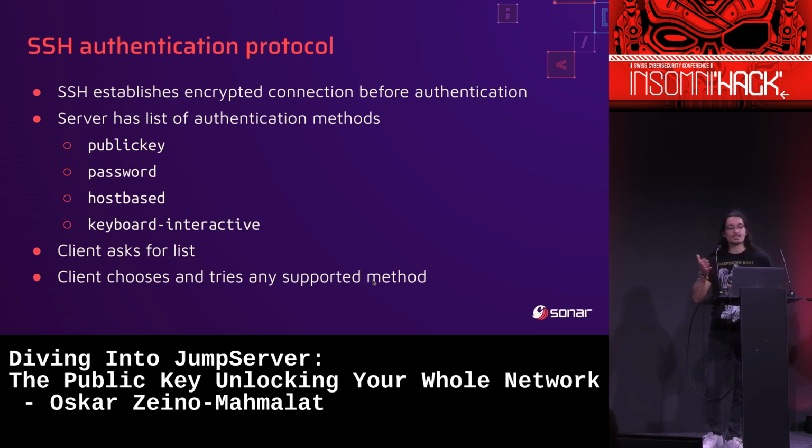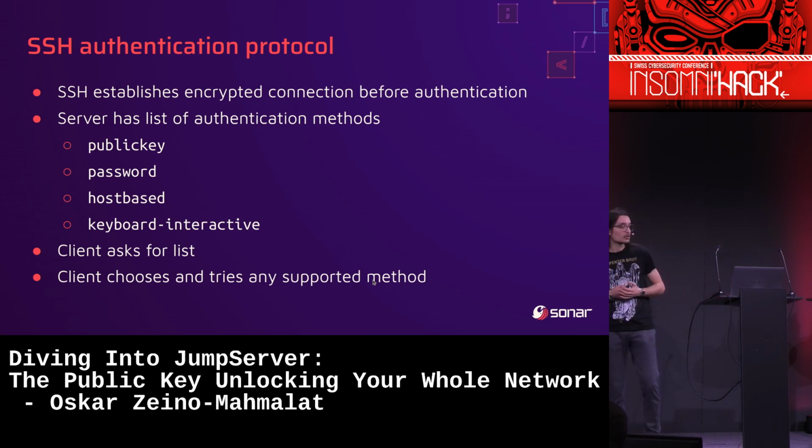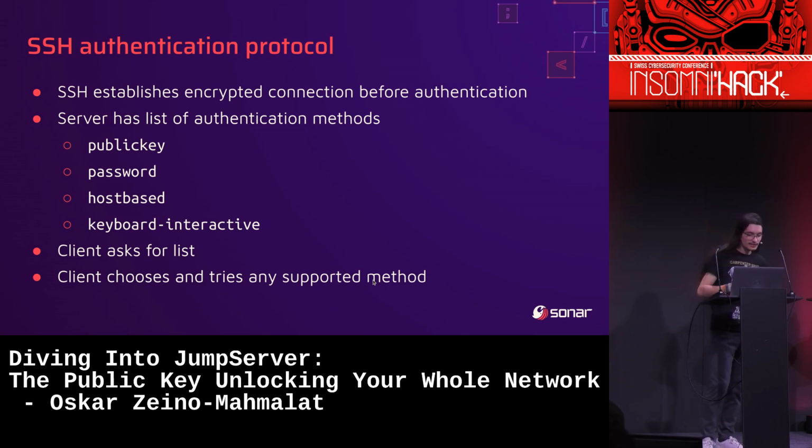How it works in a nutshell is that the server has a list of authentication methods, and these methods are then sent to the client. The client can ask for this list and chooses any of the supported ones. The ones that are standardized are public key, password, host-based, and keyboard interactive. And we will check out some of them here.